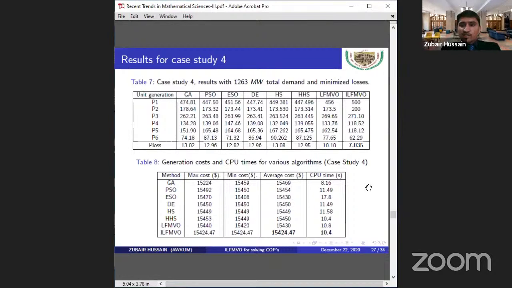And table 8 presents the generation cost and CPU times as compared to the other techniques, which shows that our technique provides high quality solutions with the minimum cost and minimum CPU times.